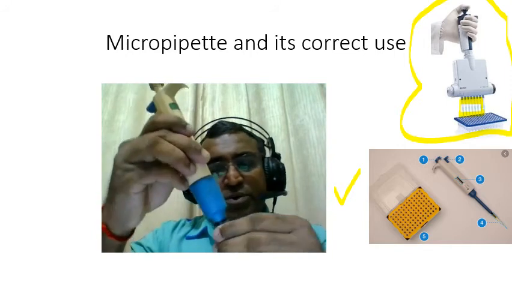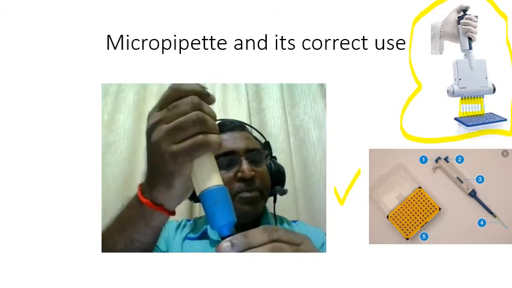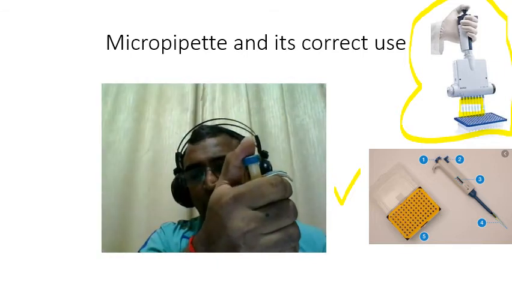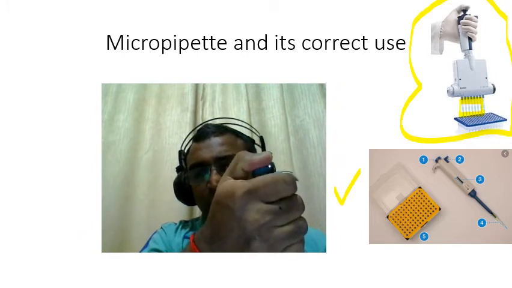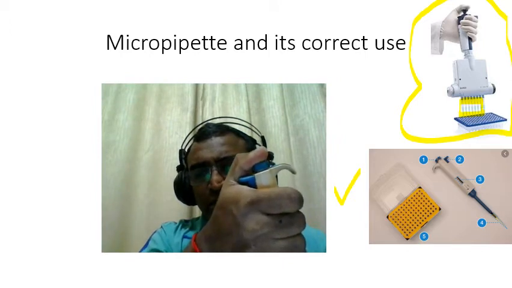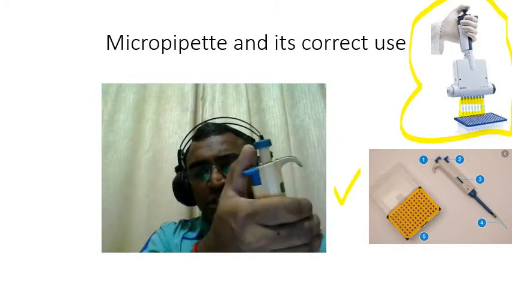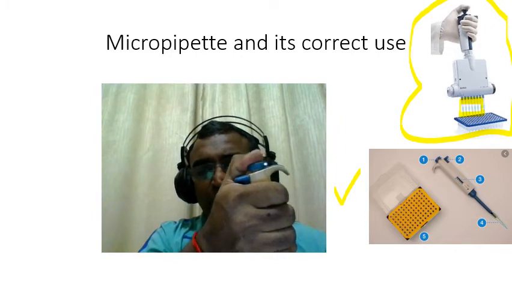Okay. So next thing, the proper use of the micropipette. You then press here, okay, press until you feel resistance. Actually, when you achieve the resistance, you can press further. But when you do the suction, you just press up to the first resistance, okay?